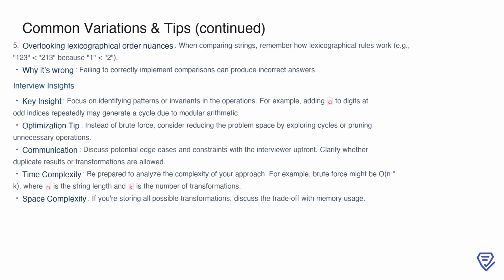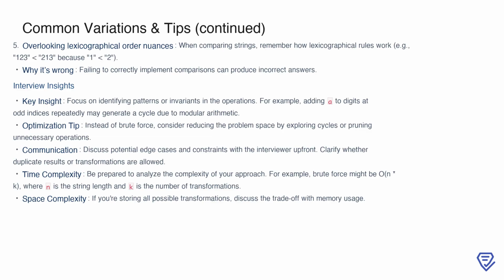Now, when solving this problem in an interview, focus on identifying patterns or invariants in the operations. For instance, adding to digits at odd indices repeatedly may create a cycle due to modular arithmetic. Instead of brute forcing all possibilities, you can optimize by exploring these cycles or pruning unnecessary computations.